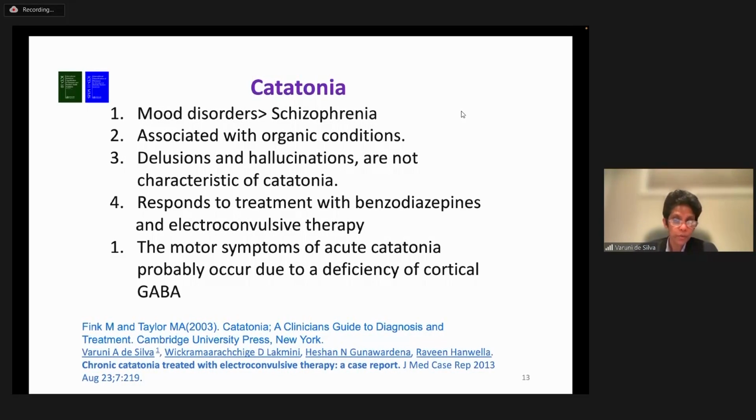It responds to treatment with benzodiazepines and ECT very well. So the thought is that it is due to a deficiency of cortical GABA. So again, I would like the trainees to think of the diagnostic validity criteria given by Robins and Guze and see that catatonia really fulfills all those criteria for a separate disorder.